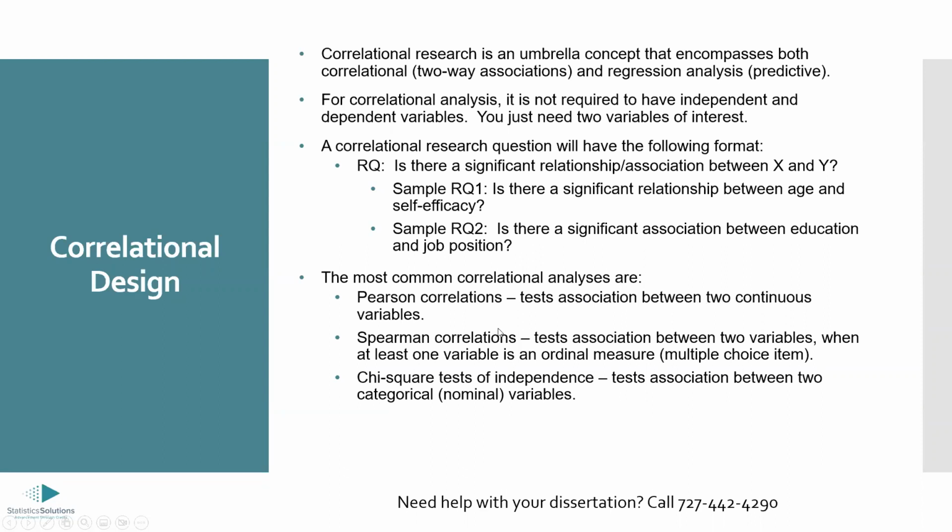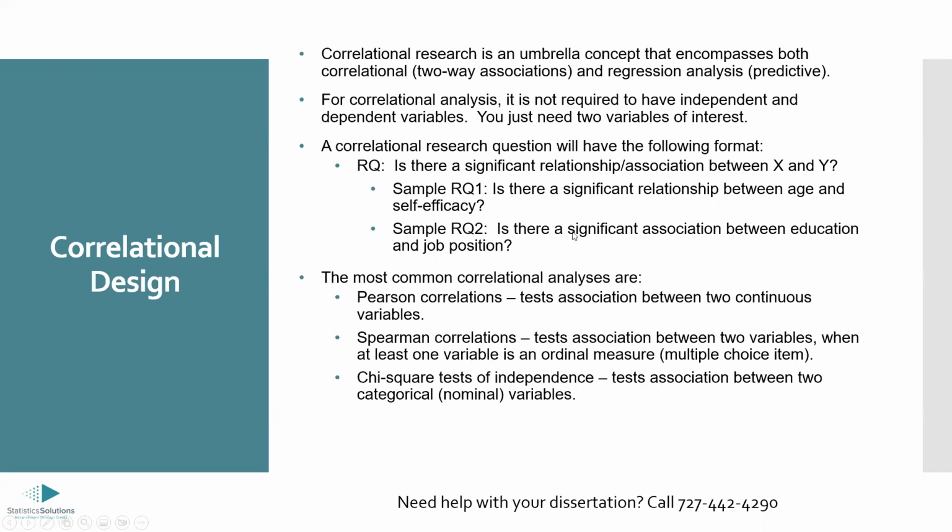If one of your variables is ordinal, meaning it's not continuous, but there's a natural hierarchy to the question, something like education level, or if you're looking at an individual ordinal item, just one strongly agree to strongly disagree item, that's when you do a Spearman correlation. And then a Chi-square test is if you have two nominal variables.